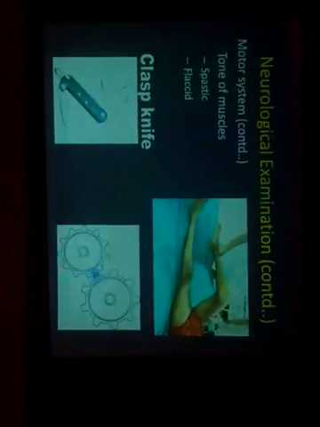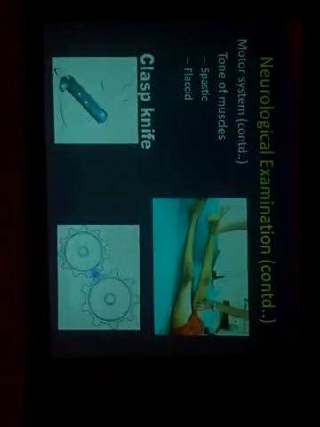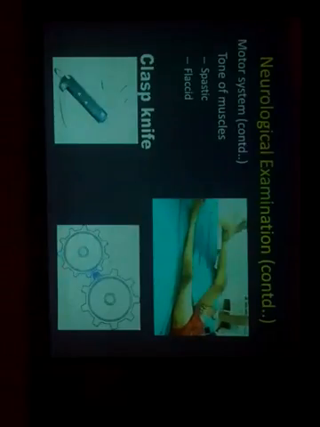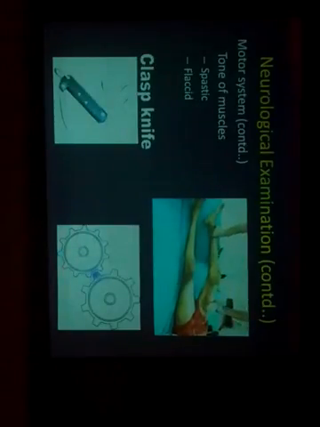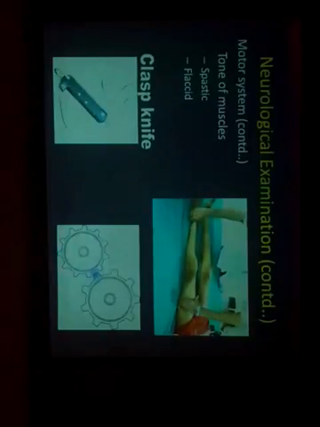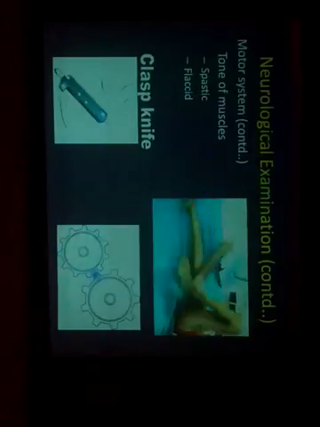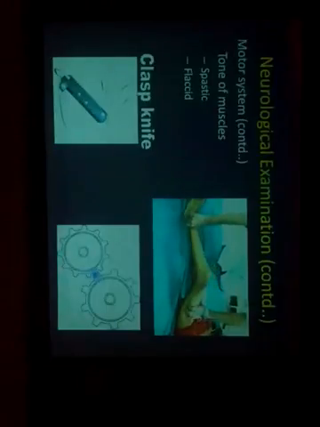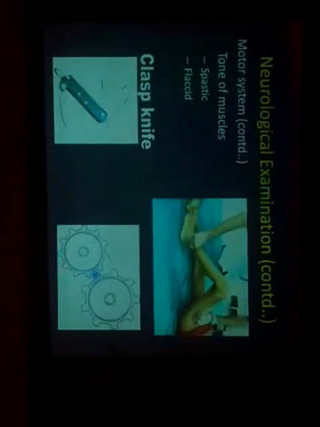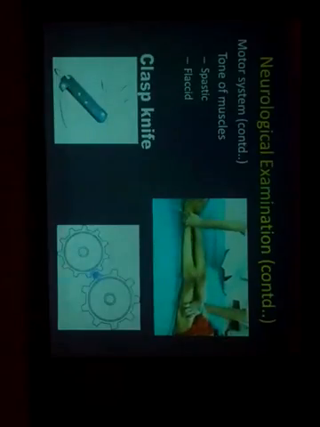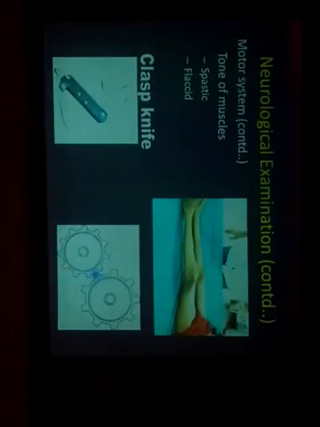Now see this video carefully once again, then I will explain to you. Please see carefully. Increased tone in a patient with any disease could be either because of a clasp-knife type or a cogwheel type. The cogwheel type is mostly because of extrapyramidal lesions, which are not seen in our patients. It is mostly the clasp-knife type of disease which is seen in our patients.